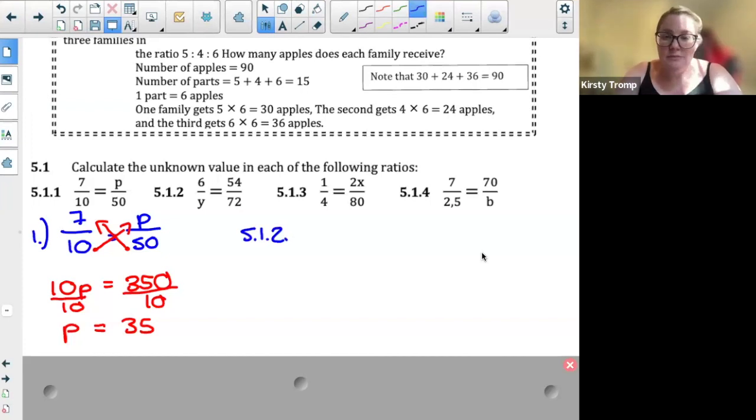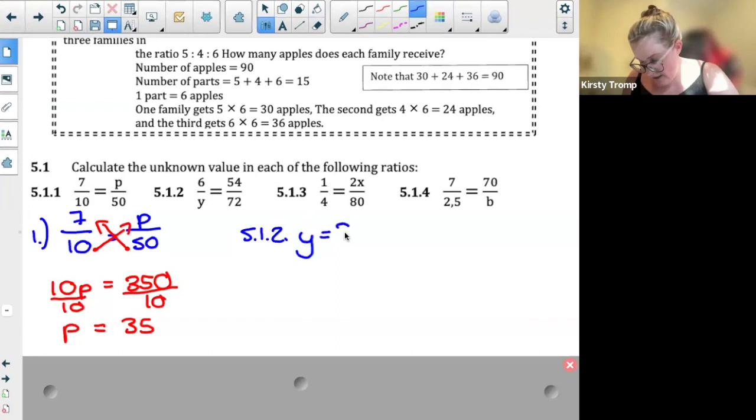5.1.2. Umar, you want to answer this one? Umar, talk to me. Hello, ma'am. Hi. So what I did is I said 6 times 9 equals 54. So what times 9 equals 72? The answer is 8.